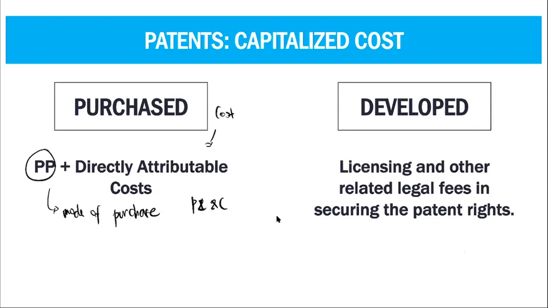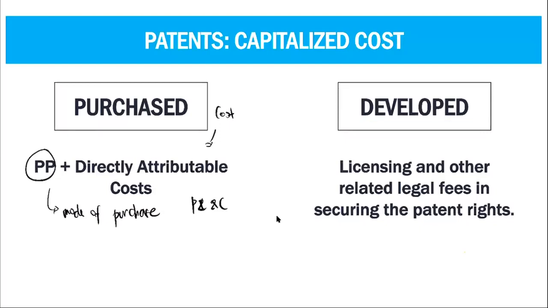So when we say exhaustive, some textbooks really list down the different directly attributable costs. And if we try to memorize all the directly attributable costs, what will happen is that there will be a possibility that you will mix up the directly attributable costs from one item to another.